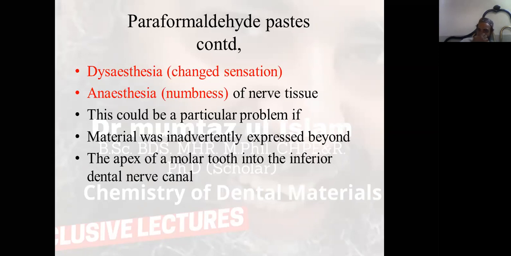This could be a particular problem if material was inadvertently expressed beyond the apex of a molar tooth into the inferior dental nerve canal. Sometimes you can see that this is the inferior alveolar nerve canal, and usually the root apex of the molar teeth is like this.